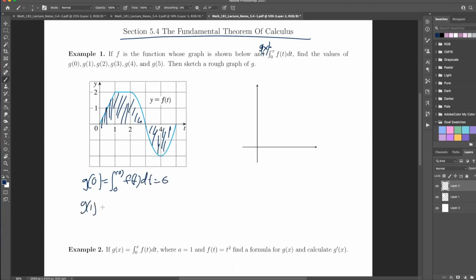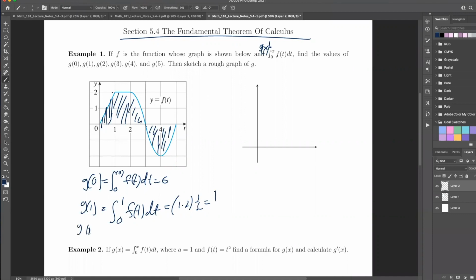So g of 1, 0 to 1, f of t dt. Here, this is just, what's the area underneath this curve? Instead of actually solving it, it's 1 times 2 times a half. And that, of course, is 1.